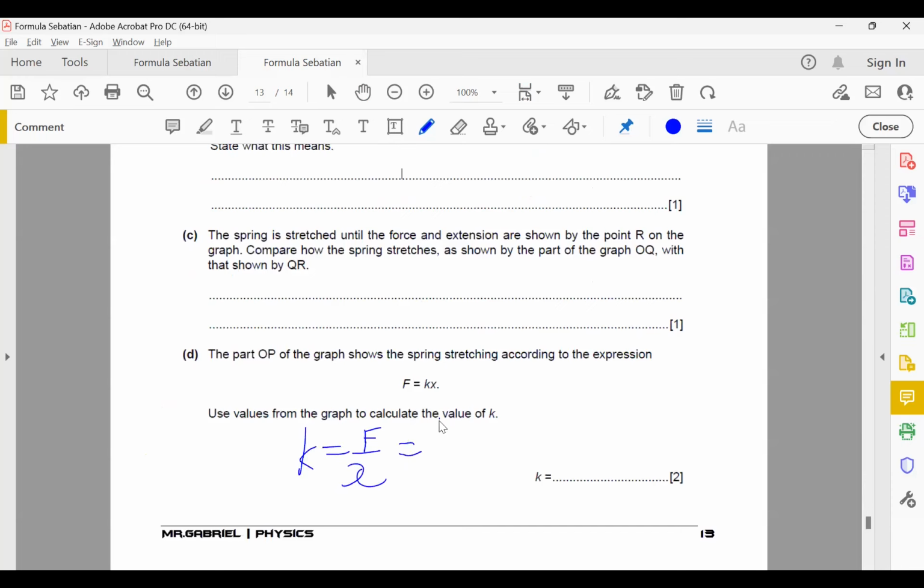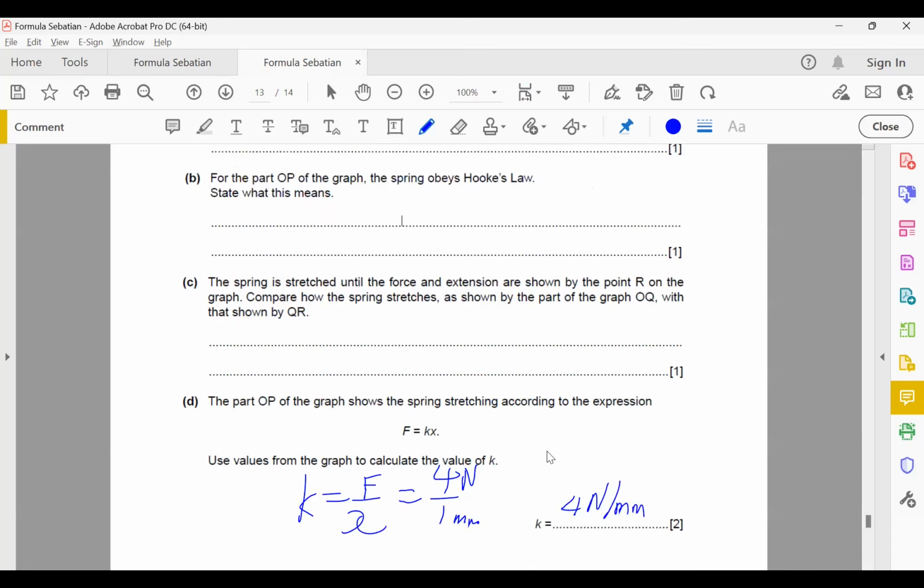You're supposed to write 4 over 1 mm. So your final answer will be 4 newtons per mm, because the graph gives you mm. And then bam, you get 2 free marks, easy.